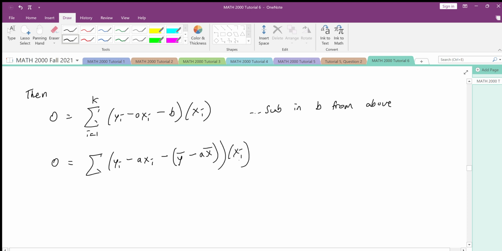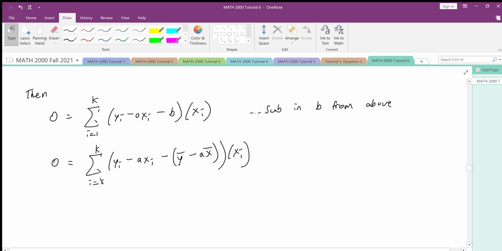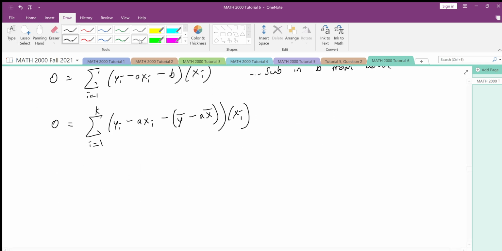I believe that's what b was. Yep. And then I rearrange the terms, or I could split apart the terms right now, actually.